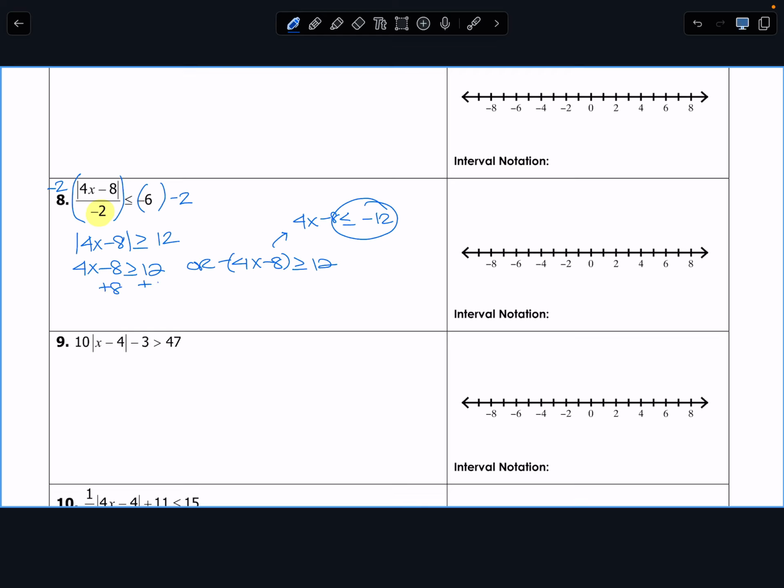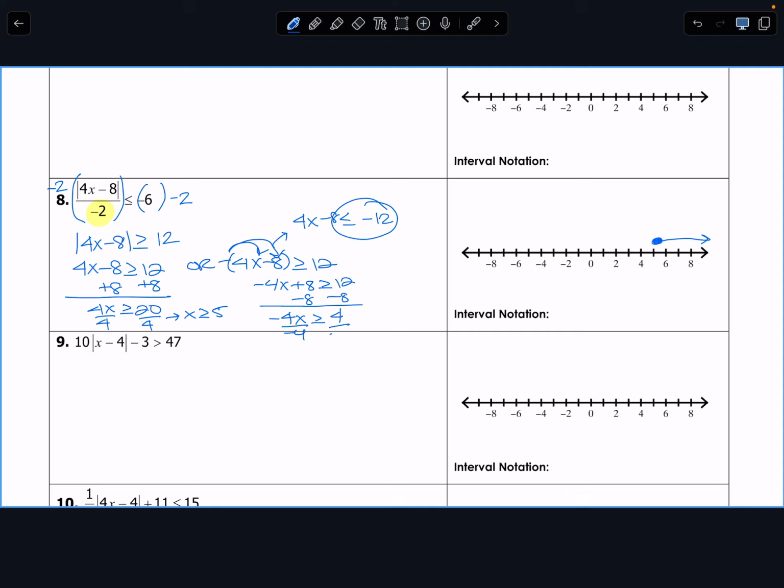Okay, so I go over here, I add 8 to both sides, so 4x is bigger than or equal to 20. Divide by 4, so x is bigger than or equal to 5. And then I have a negative 4x plus 8, so I do distribute my negative to both terms. Greater than or equal to 12, subtract 8 from both sides, so negative 4x is bigger than or equal to 4.